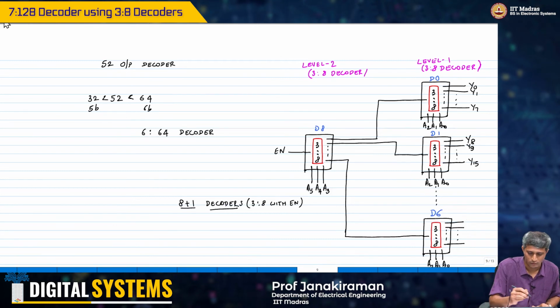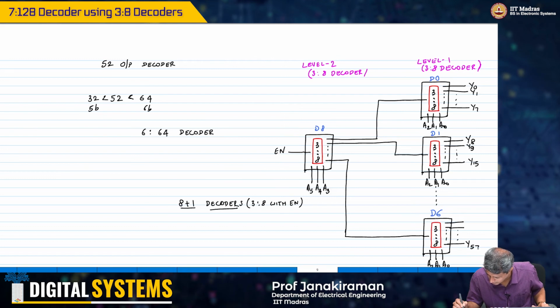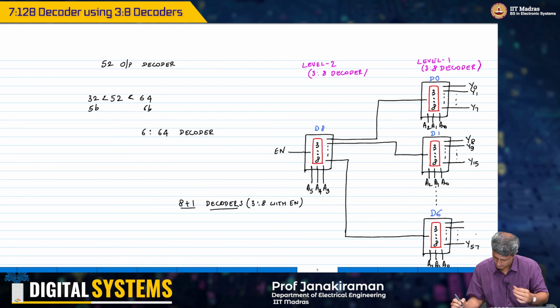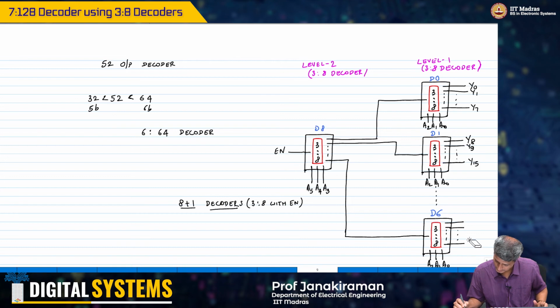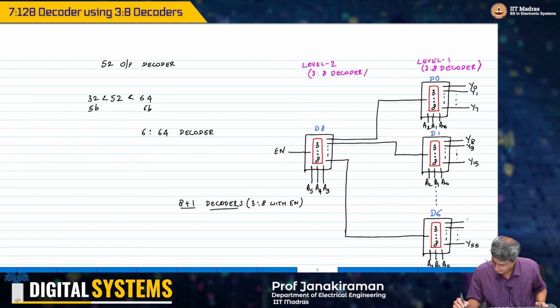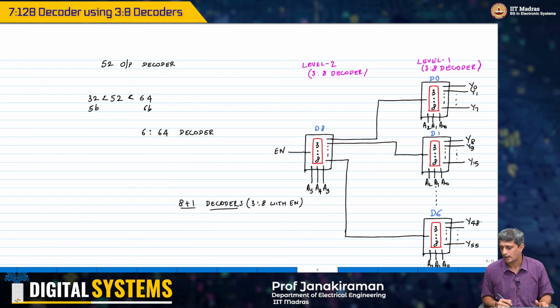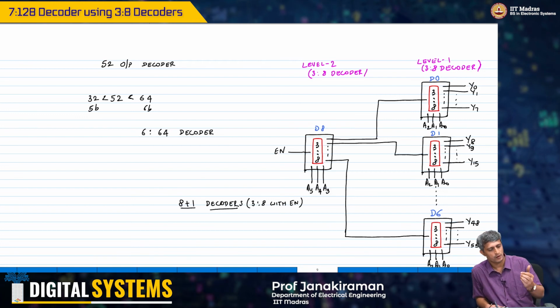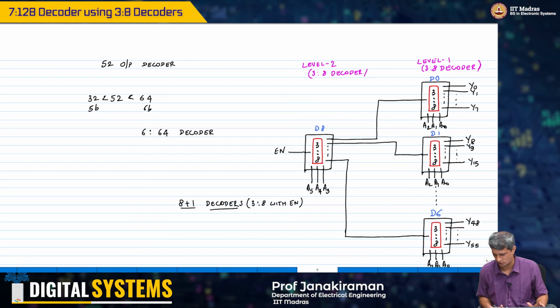In which case my outputs will be Y0 to Y55. 6 8s are 48, so this could be Y48, then 48, 49, 50, 51, 52, 53, 54, 55, 8 outputs.